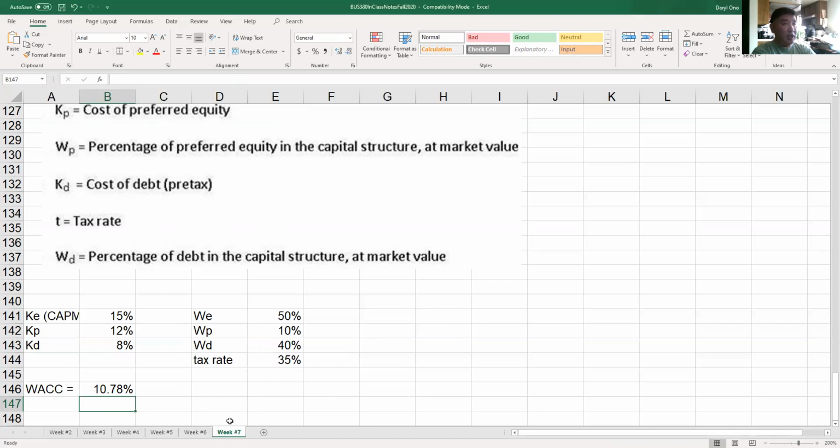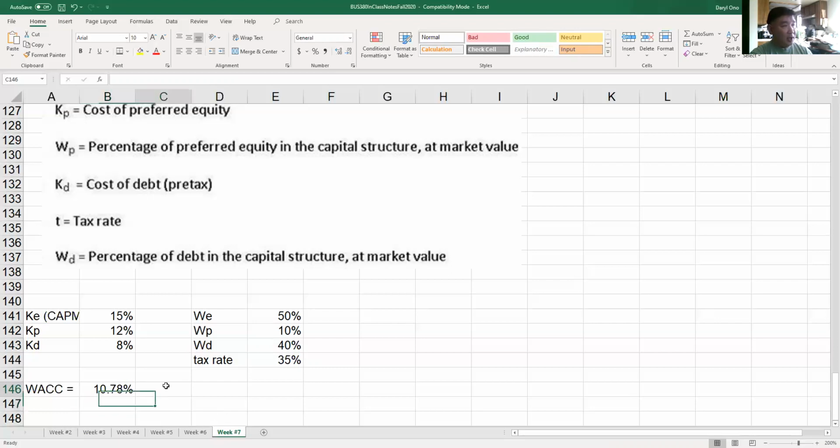But if the project returns 15%, that makes sense, right? Because you're borrowing at 10.78%, the project returns 15%. That's good. You'll borrow at 10.78% to get a 15% rate of return.